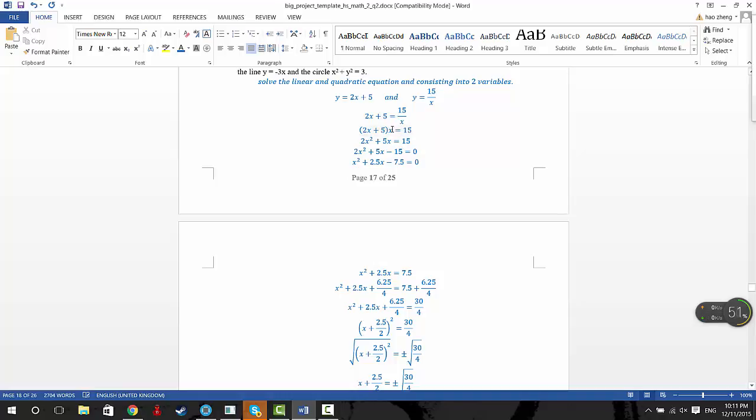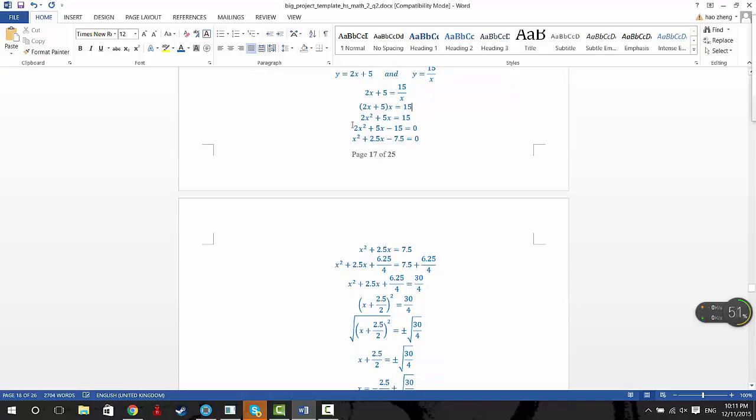We'll get this thing, and 15 will be here alone, right? We times it inside, we'll get 2x squared plus 5x equals 15. And here will be 2x squared plus 5x minus 15 equals 0, because we moved the 15 back to here.